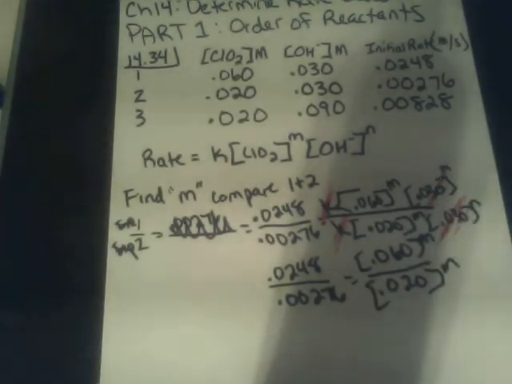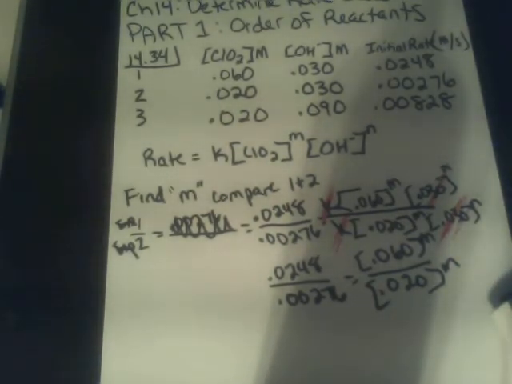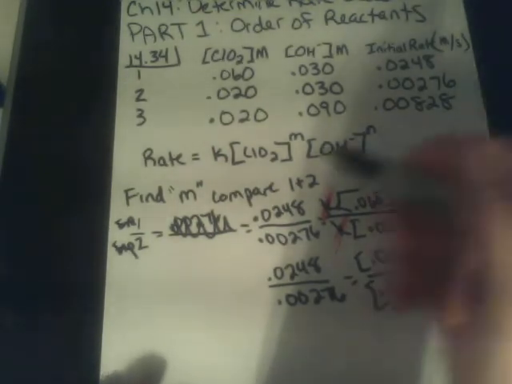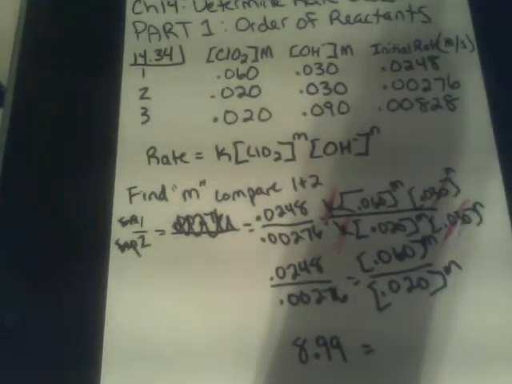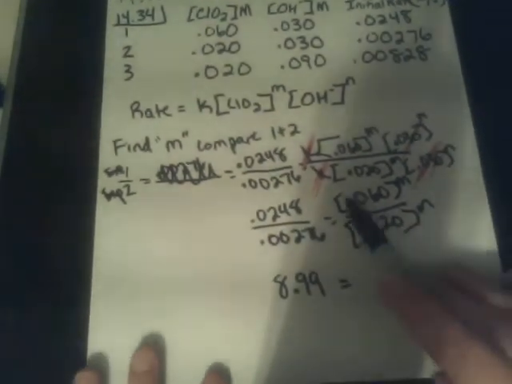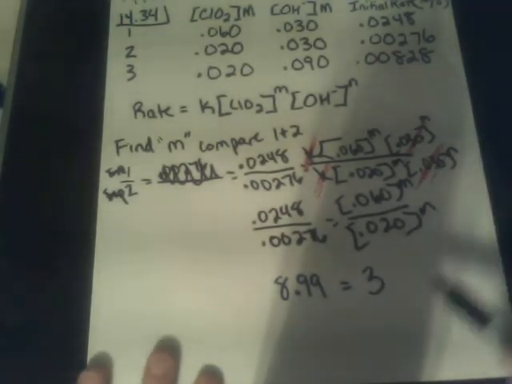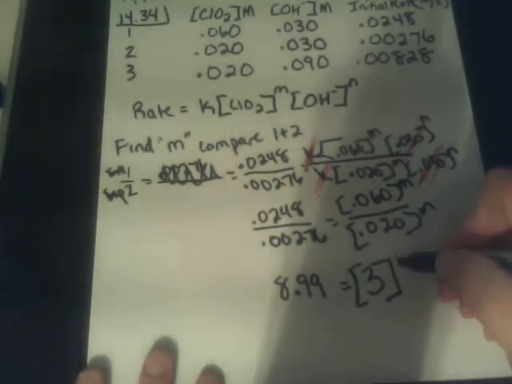Now if we go back to algebra, first step, we can make that left side look a little less hectic: 0.0248 divided by 0.00276 is 8.99, and that's going to equal 0.060 divided by 0.020, which is actually 3, in brackets to the power of m.